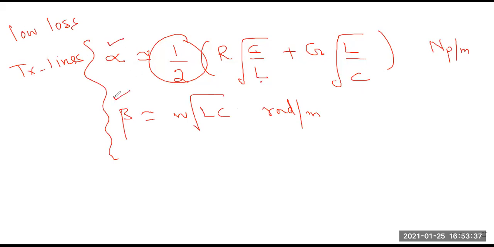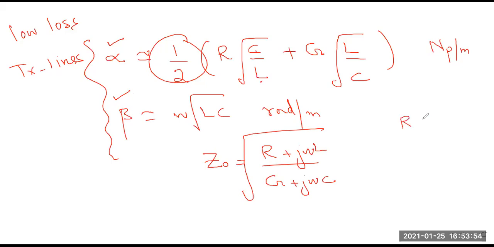Also just a last point, the characteristic impedance. If you remember, the general expression we derived is that the propagation constant of any lossy transmission line is equal to this.